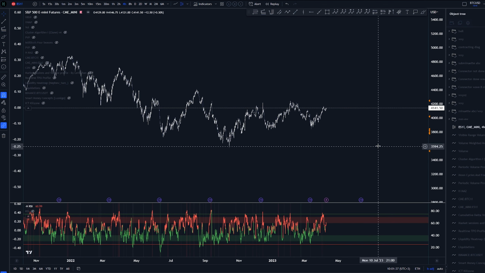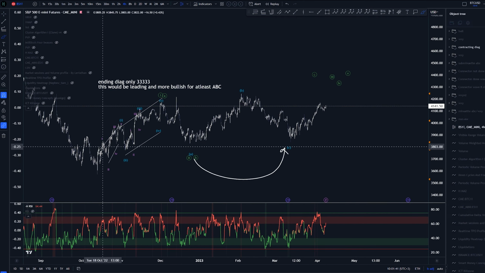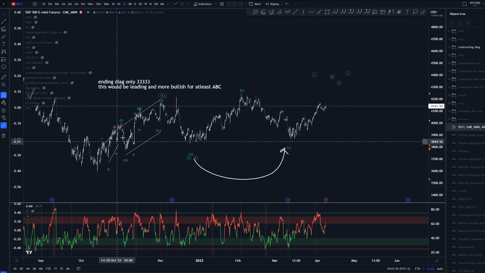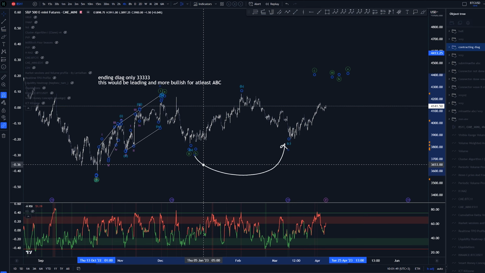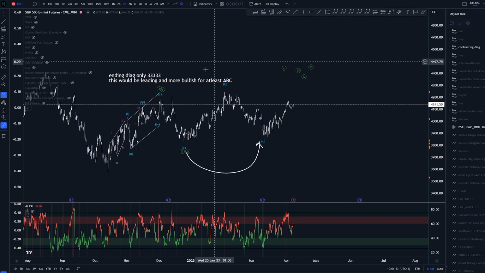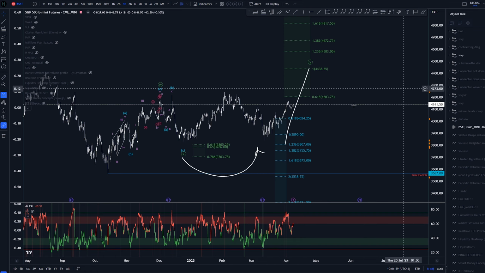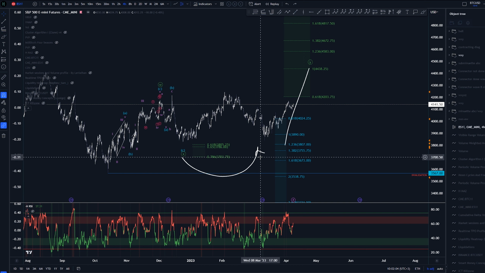The other counts, we had this one where we had a very scuffed looking diagonal here at the start. Looks like all of these structures have shifted again for some reason. But yeah, it's kind of weird. I don't really like it. The structures are kind of bad. There was a way of labeling this into a WXY where the X wave here is located here instead.